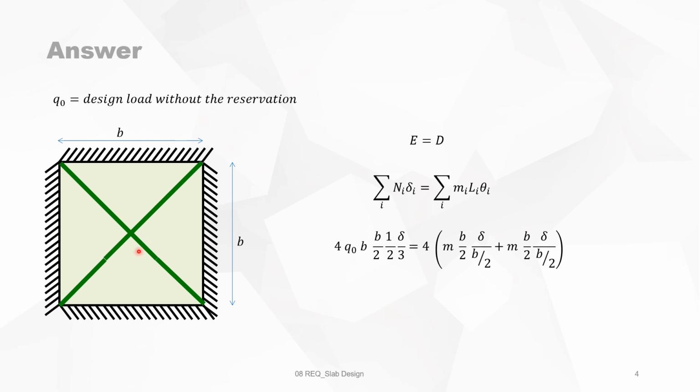And this we will have on this side once, 2, 3, 4, 5, 6, 7, and 8. So we'll have this 8 times this expression. When we now rearrange it for the bending moment, the bending moment is Q0 B squared over 24.